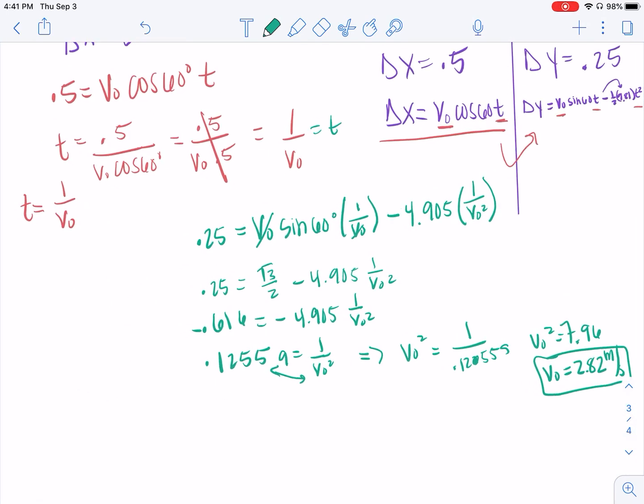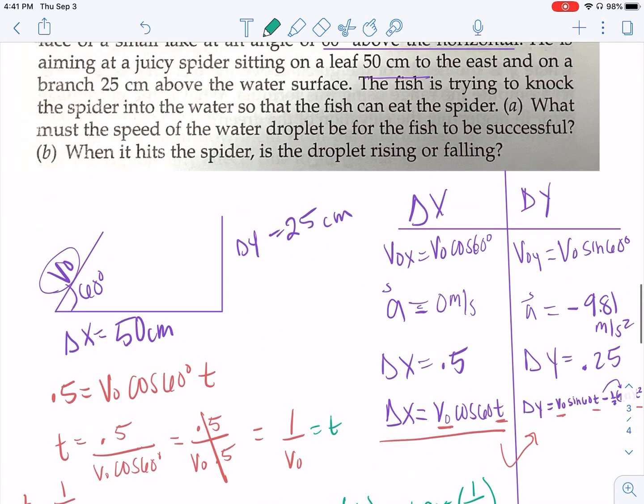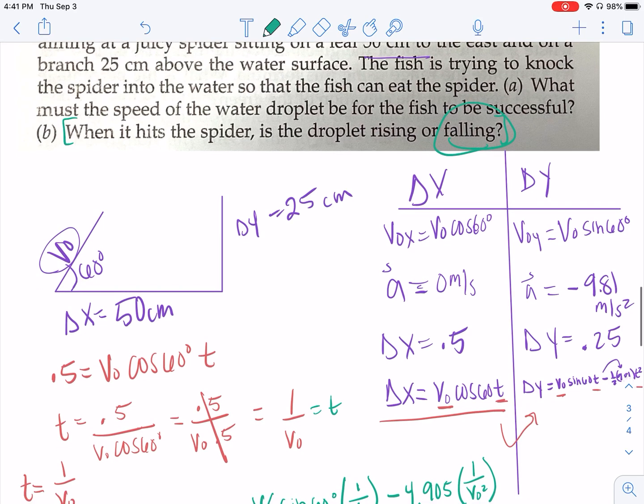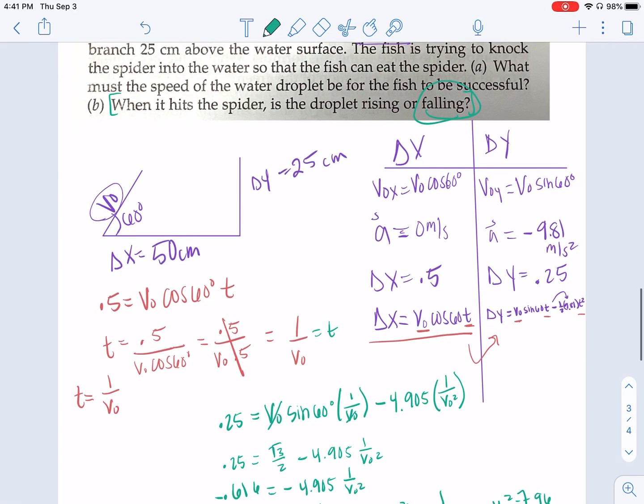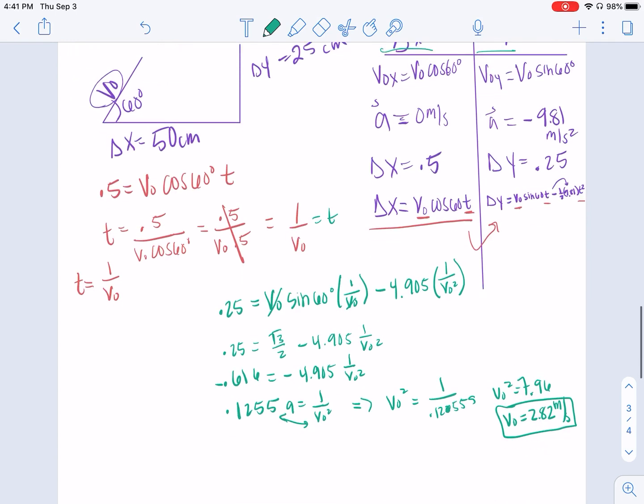So the really cool thing that I liked about this problem, and bonus, you guys can try and do this part. I will tell you the correct answer is falling. But why I like this question so much is because it requires you to figure out your delta x and your delta y and then how they relate.